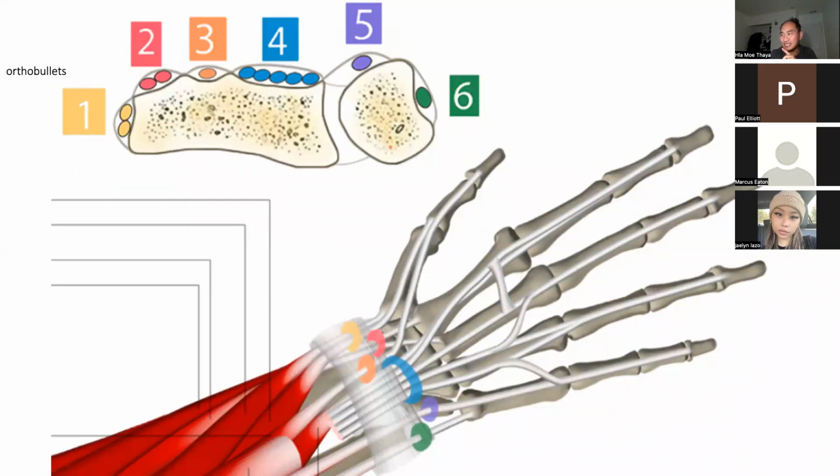So in the index finger, we have the extensor digitorum communis tendon as well as the extensor indicis tendon. And therefore, this can be used for tendon grafting. Let's say if our abductor pollicis longus tendon has ruptured, we can use this extensor indicis tendon and do the grafting here.